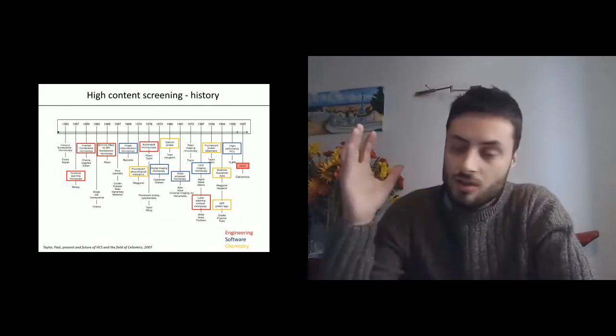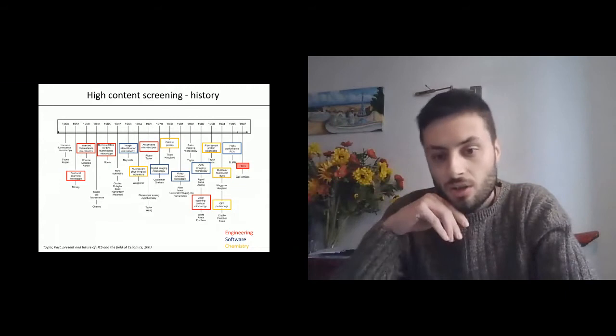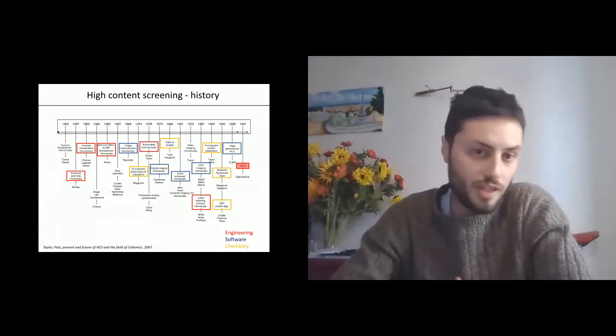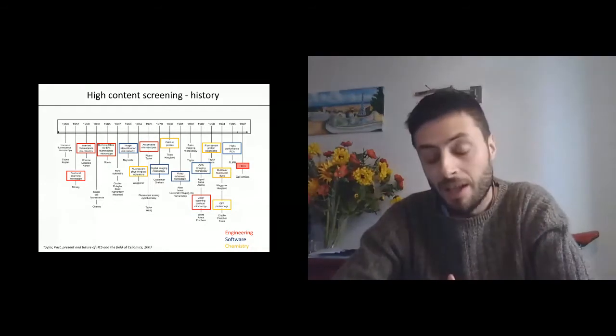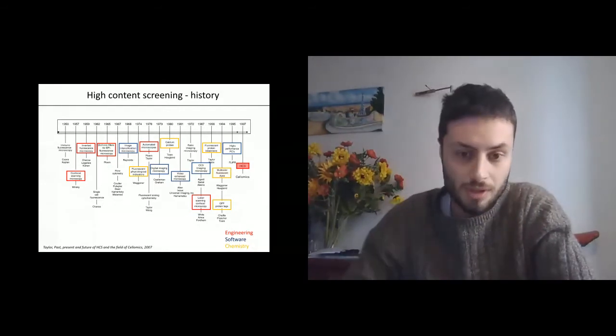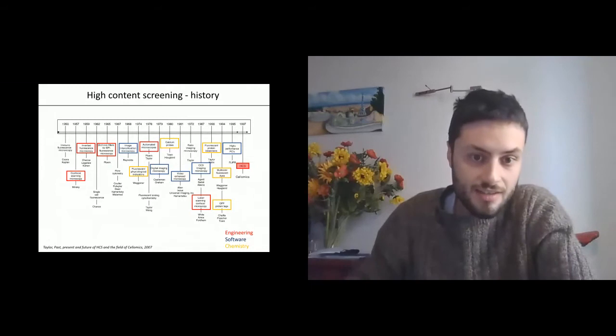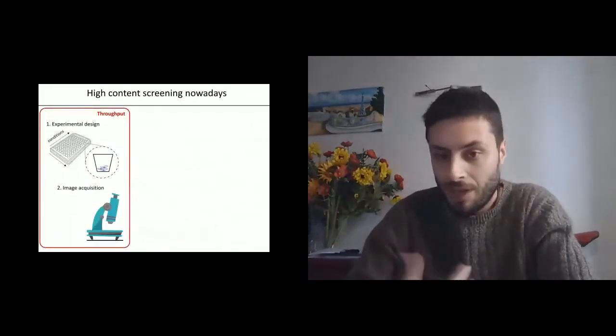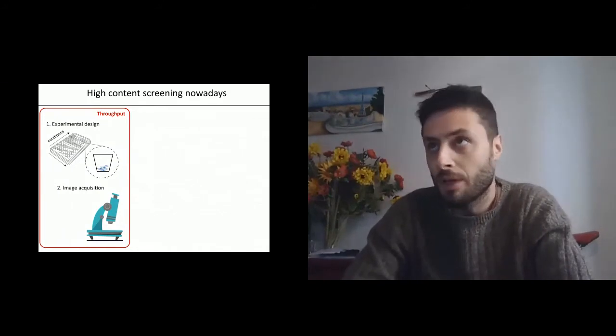So HCS took all these concepts together and combined them in a framework with the idea of making imaging and quantification as automated as possible. Nowadays, HCS is a very general term that describes a pipeline that consists of four main building blocks.